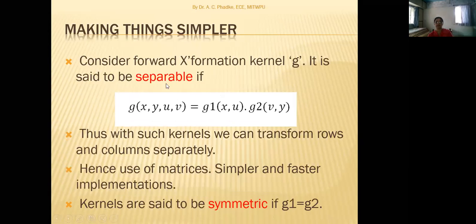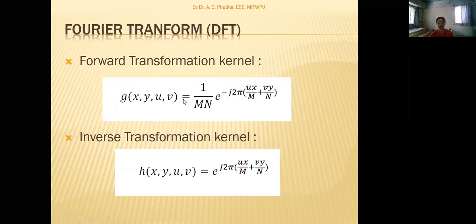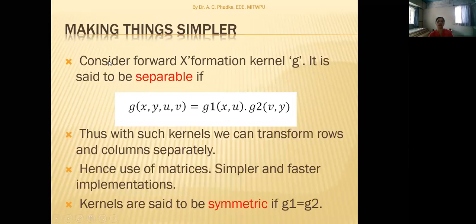Okay, now let us talk about two important properties of the forward transformation kernel or inverse transformation kernel for two-dimensional transforms. Consider forward transformation kernel g. It is said to be separable if we can separate g(x, y, u, v) into two components, g1(x, u) and g2(v, y).